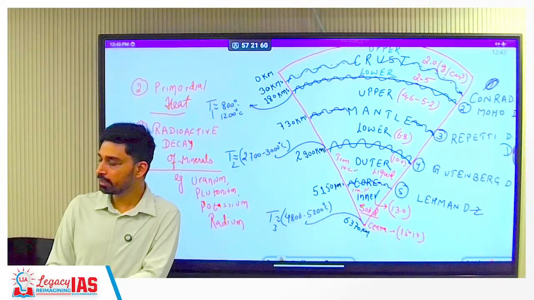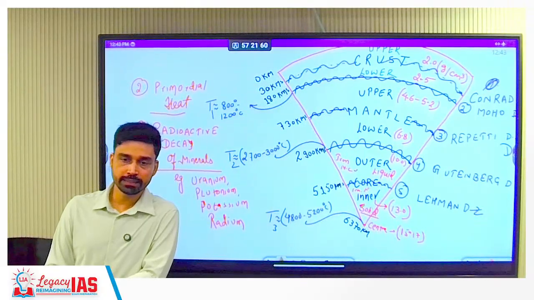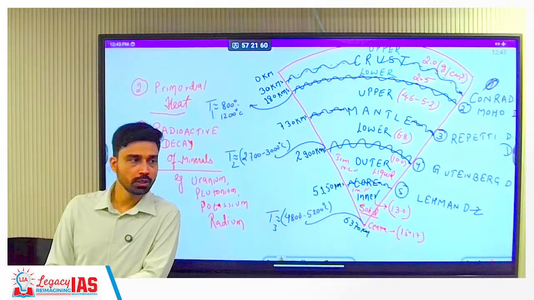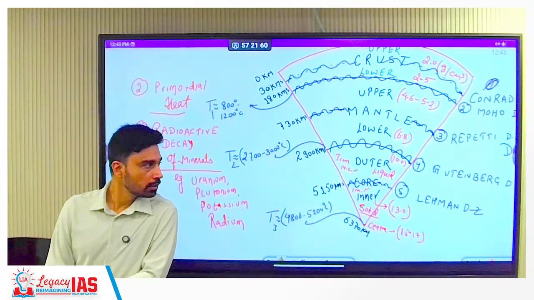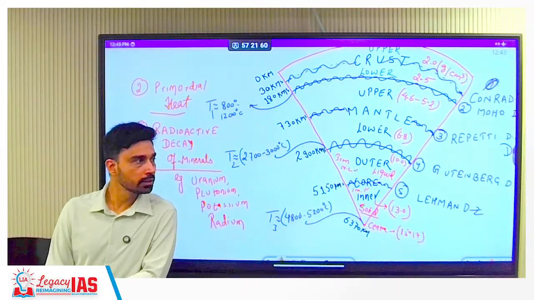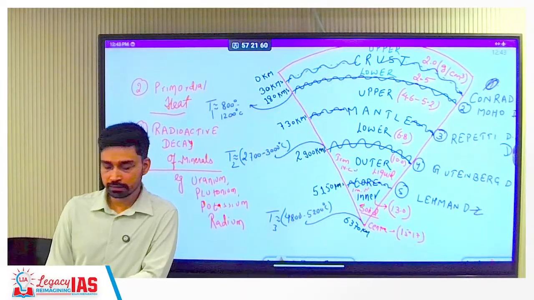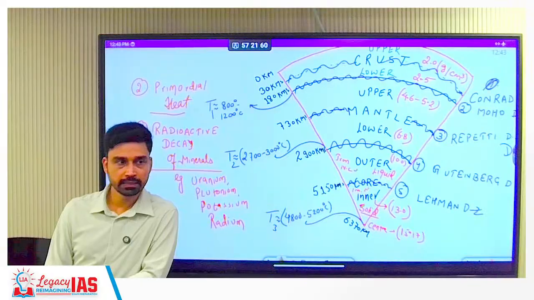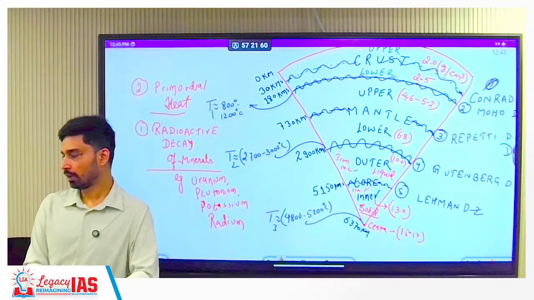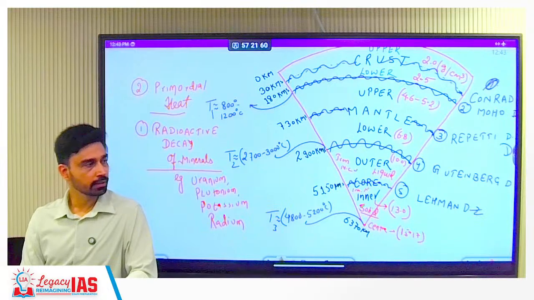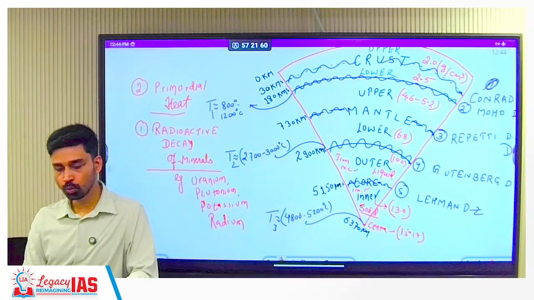Inner core is in solid state even at higher temperature, while outer core is in liquid state at lower temperature. Outer core is in a liquid state at a lower temperature.